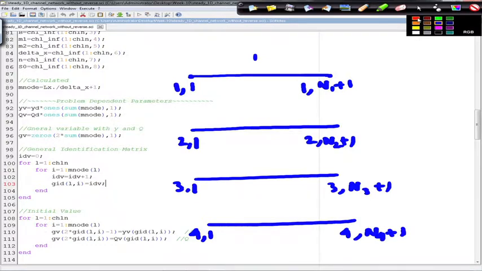So, my starting section is 1, then 2 and up to N1 plus 1.